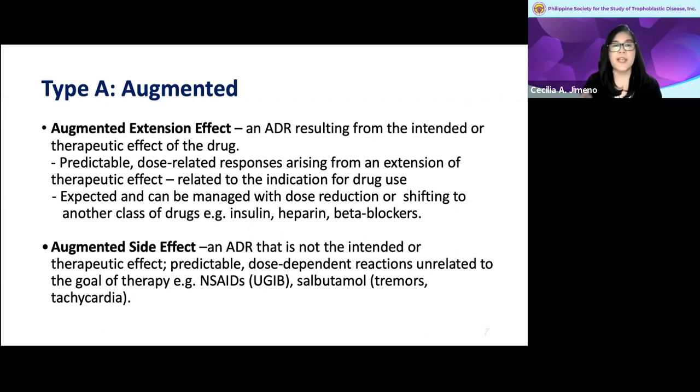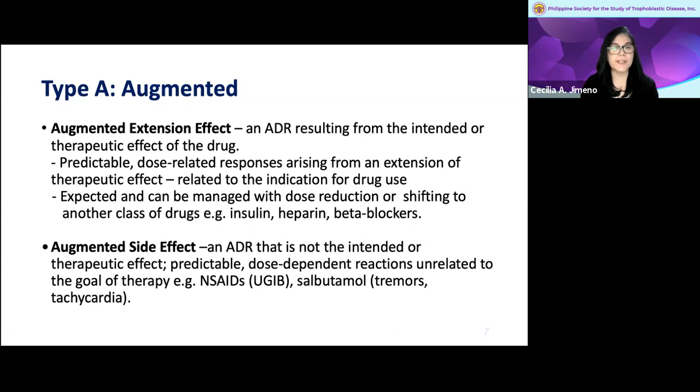So that's called an augmented extension effect. It's predictable and dose-related, and so all that has to be done is to withdraw or reduce the dose of the drug. Another example is heparin. Heparin is an anticoagulant, but if you give too much of it or you don't monitor, for example with unfractionated heparin, it can cause bleeding.